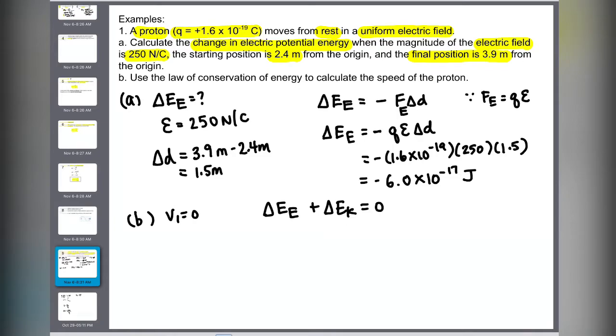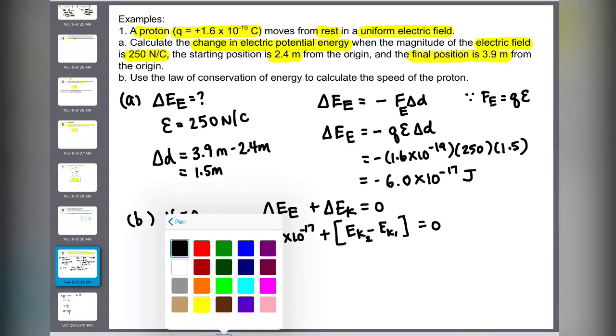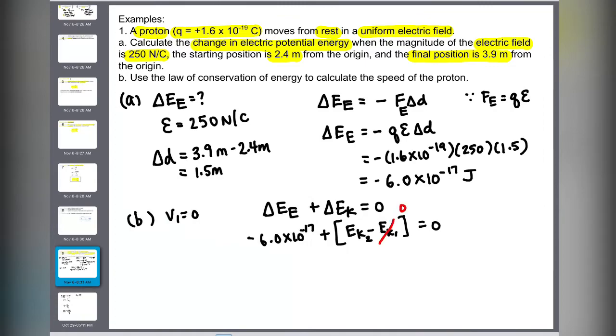I found that this is negative 6 times 10 to the negative 17. The change in kinetic is final minus initial. EK1 is 0 because we said it started at rest.